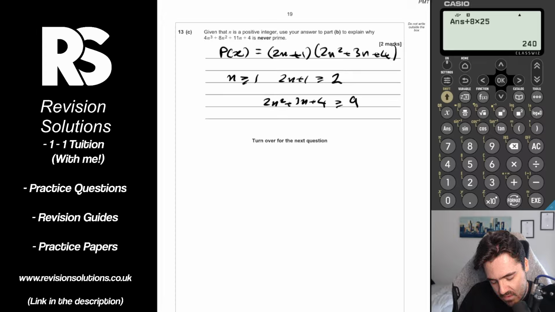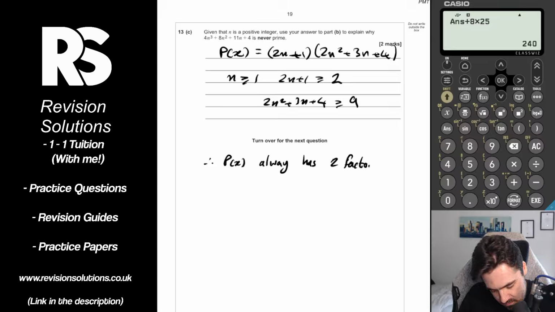So it's never going to have just 1 and itself as factors. It's always going to have factors bigger than 1 that aren't just itself. So hence never prime. So p of n always has 2 factors greater than 1, hence not prime.